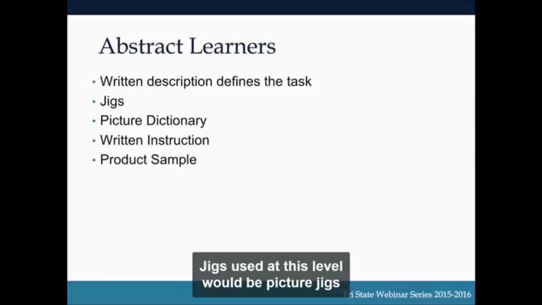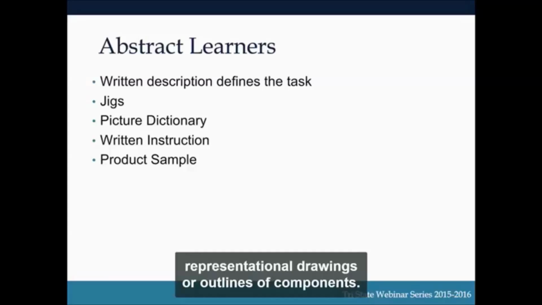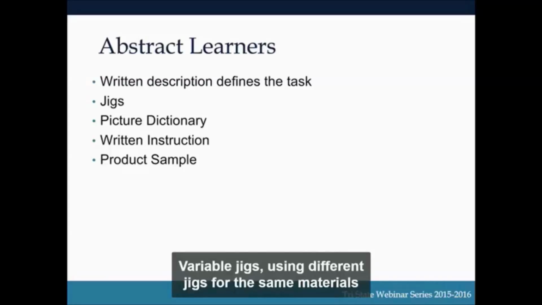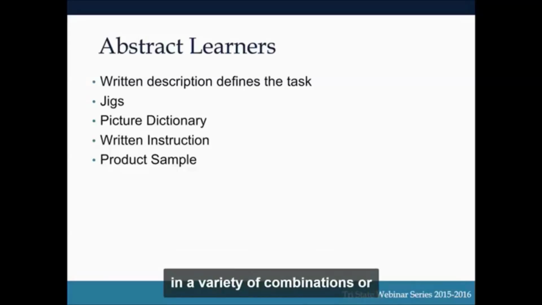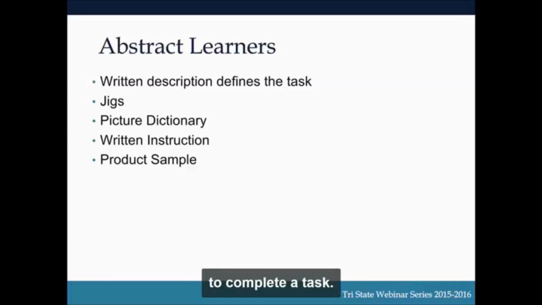Jigs used at this level would be picture jigs that include referral jigs, which would use smaller representational drawings or outlines of components, repetitive jigs, using the same jig over and over and used for self-correction, variable jigs, using different jigs for the same materials in a variety of combinations, or a picture list to show the correct sequence to complete a task.